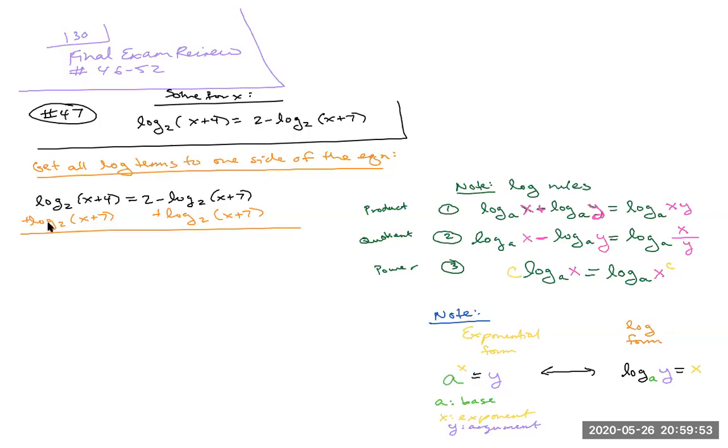Be careful here. You're not going to actually combine your logs at this point. You're just going to have your log base 2 of x plus 4, the quantity, plus log base 2 of x plus 7, the quantity. That's going to equal positive 2.